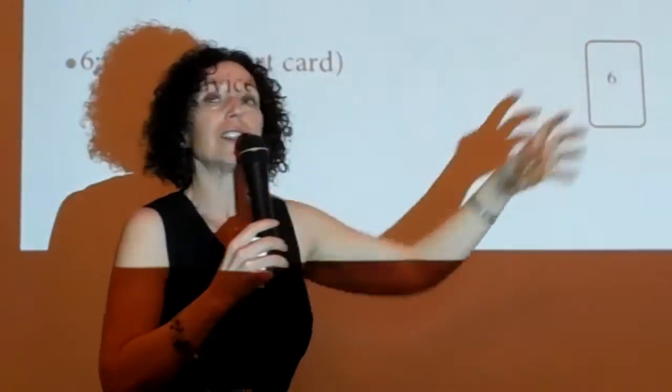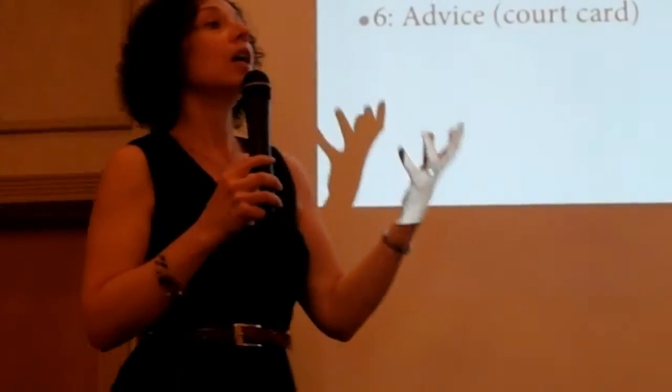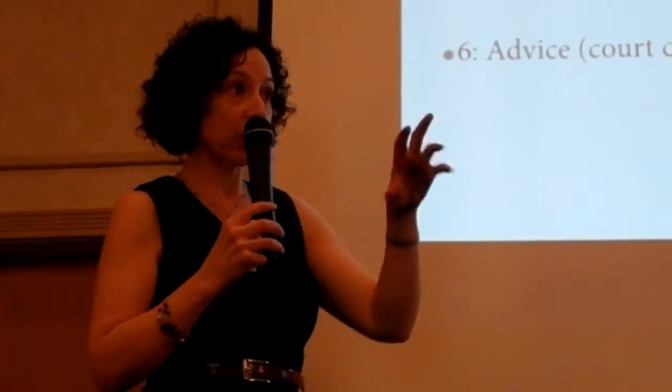Then 2 through 5 represent the experience of the situation, and I would pull from each of the suits, the Ace through 10, Wands, Cups, Swords, and Pentacles, to get a full expression of the situation for all corners of our experience, right?